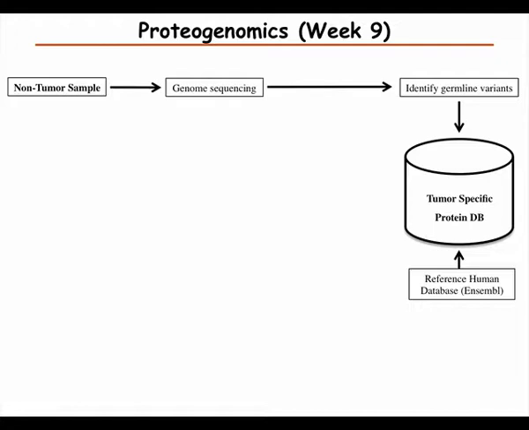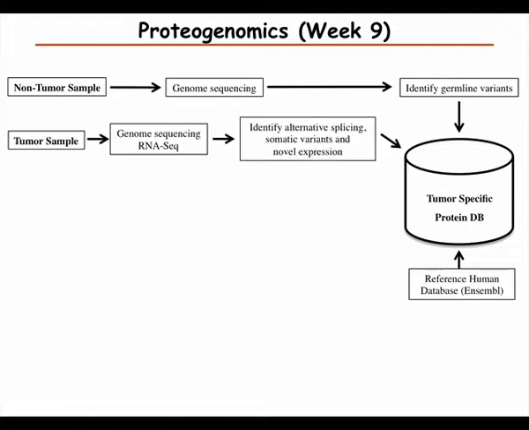So first we take the germline sample, for example from blood, and sequence the genome to get the germline variants of this individual. Then we do the same for the tumor sample to get the somatic variants. And if we sequence the RNA, we can look for alternative splicing events and expression in regions that are not annotated in the database, and add that in to make a sort of tumor-specific database.